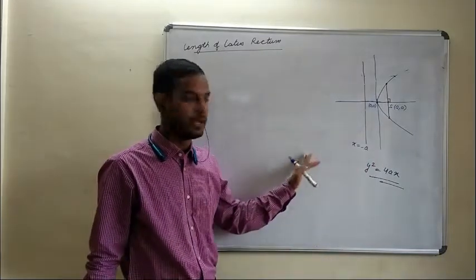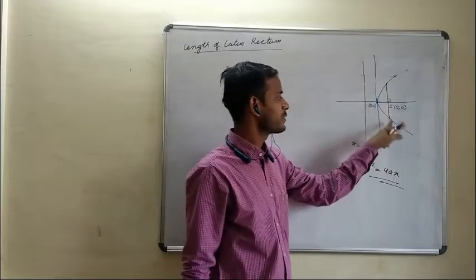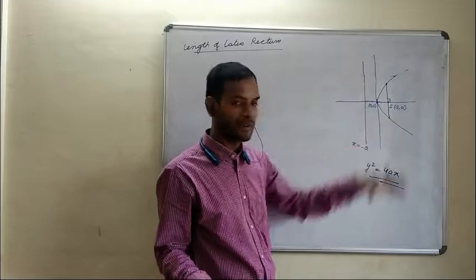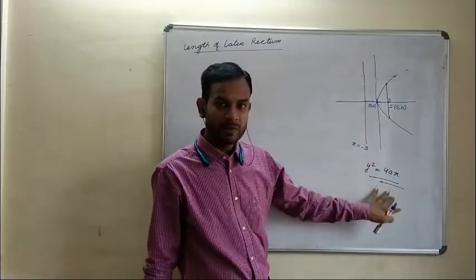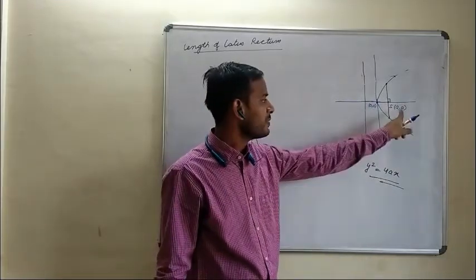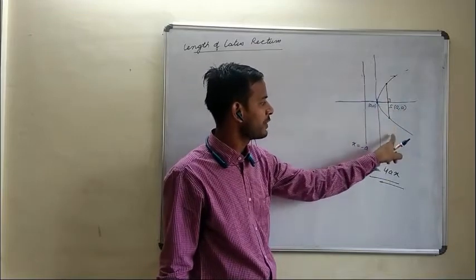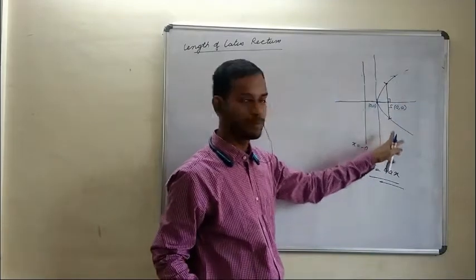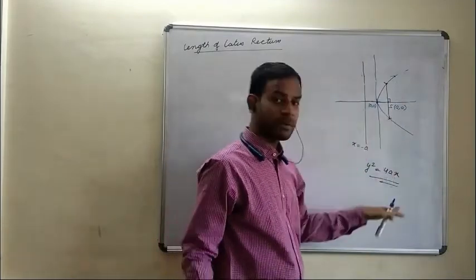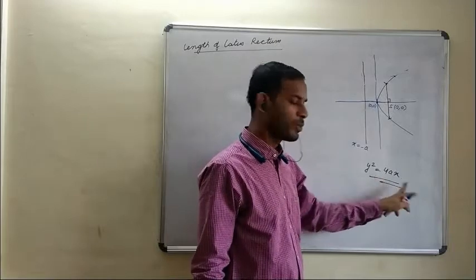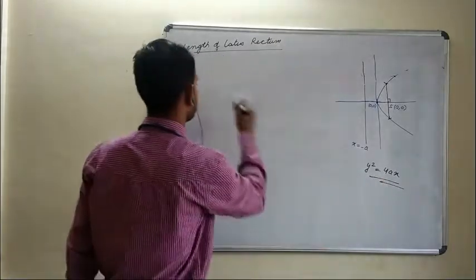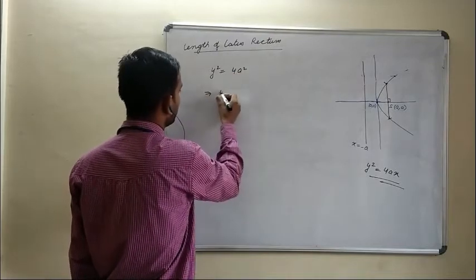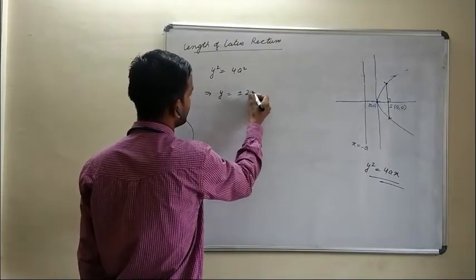We already have the equation of the parabola, and we know the x coordinate of these two points, which is x equal to a. Putting x equal to a in this equation, we get y square equal to 4a square, or y equal to plus minus 2a.